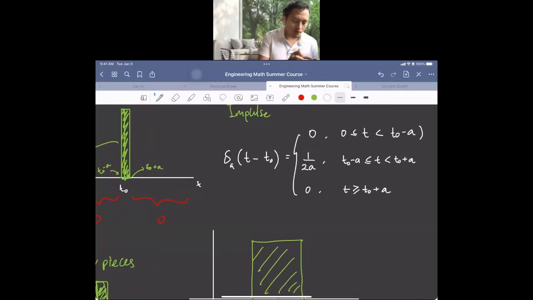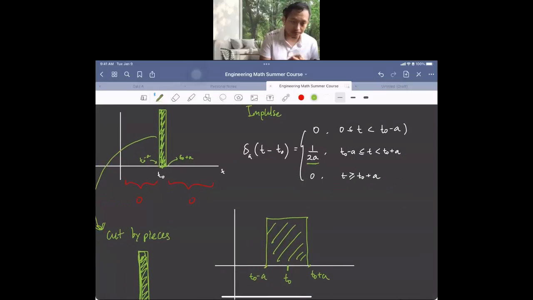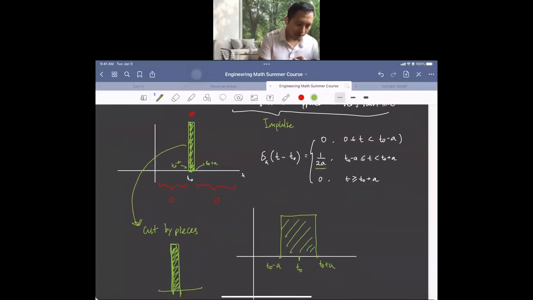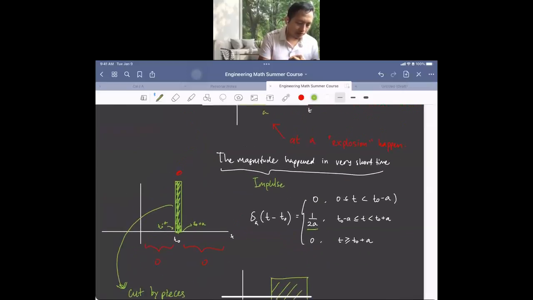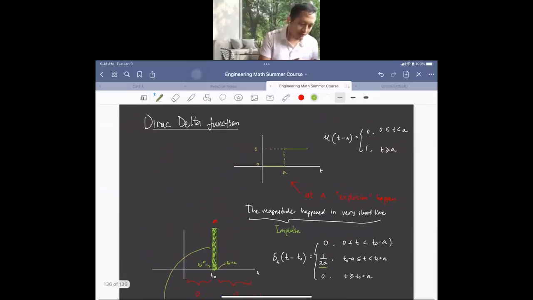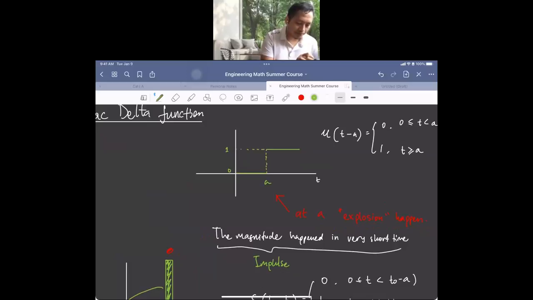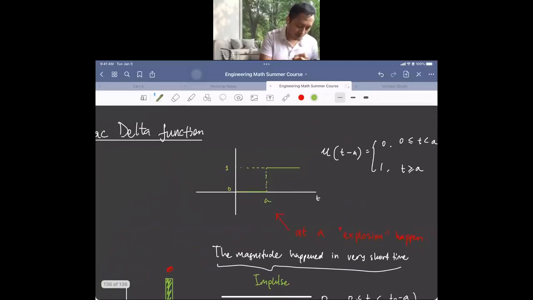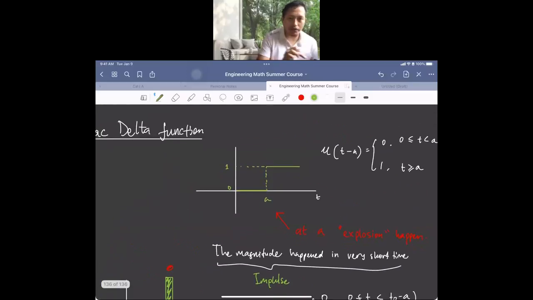Now the question is, why is this 1 over 2a? That is an interesting question, right? This 1 over 2a is actually a property of the delta. Maybe let me give you a short summary from the Heaviside to give you an idea of why, so we can connect these two.